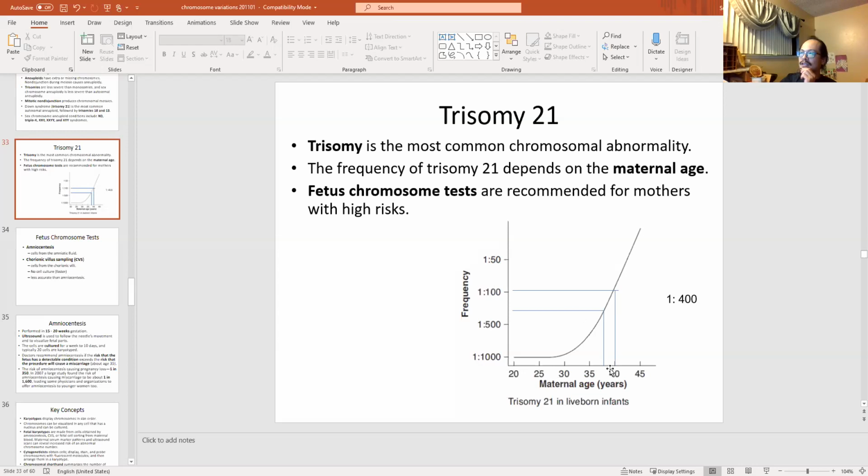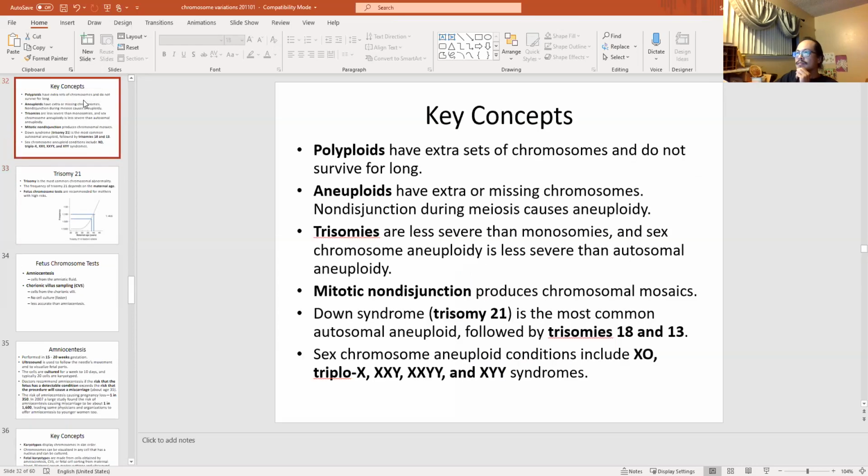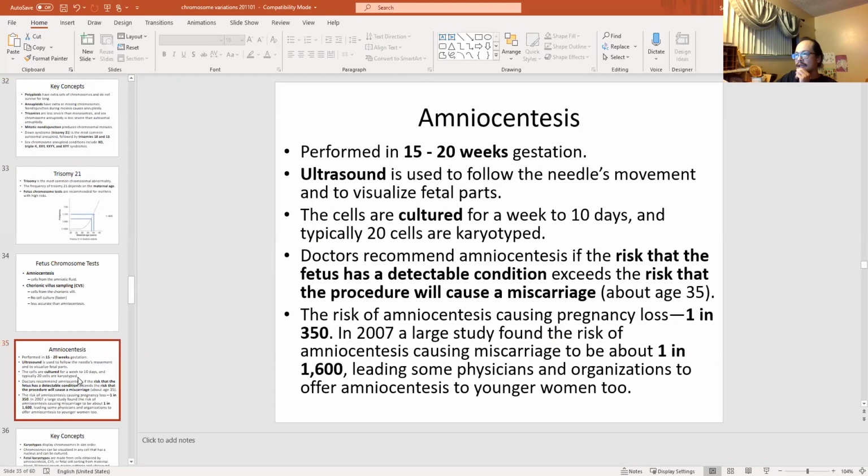At this age, 40 years old, the risk of having a baby with trisomy 21 is 1 in 100, but the miscarriage due to amniocentesis is 1 in 350, so it will be recommended.